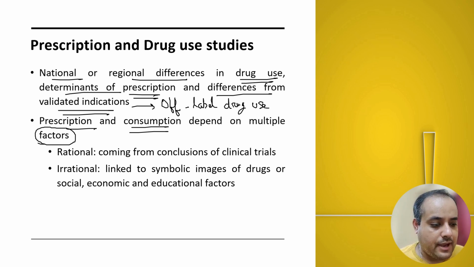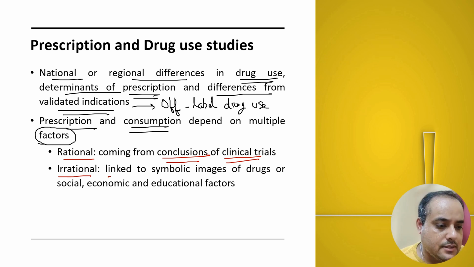Now these factors can be rational, it can be irrational. So the rational factors are the ones that are coming from the conclusions that we have drawn from the clinical trials. So all those factors are the rational factors. The irrational factors are the ones for which we have not drawn any conclusion from the clinical trials.